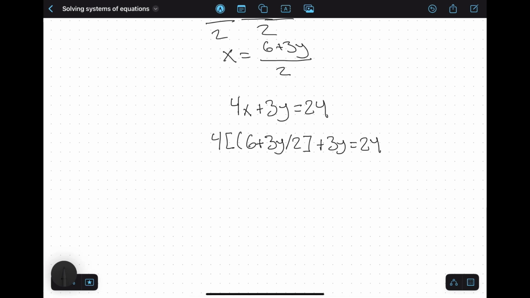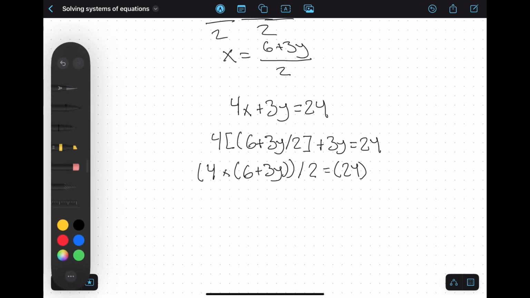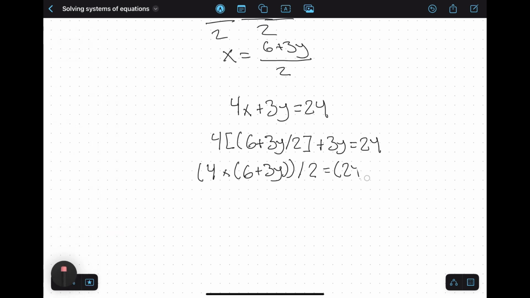Now we're going to multiply 4 times 6 plus 3y. Make sure to close out the parentheses, divided by 2 is equal to 24. My fault. Let's get rid of this parentheses.